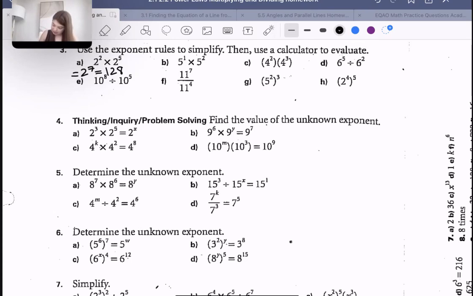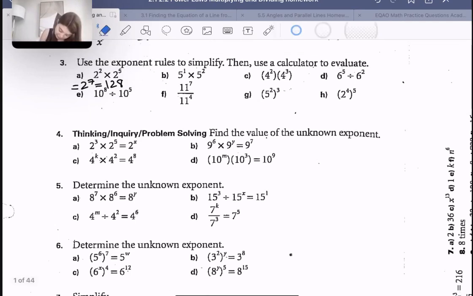Okay. All right, the next one is 5 to the power of 1 times 5 to the power of 2. Well, that's the same as 5 to the power of 3, which is 125. So there's that one.